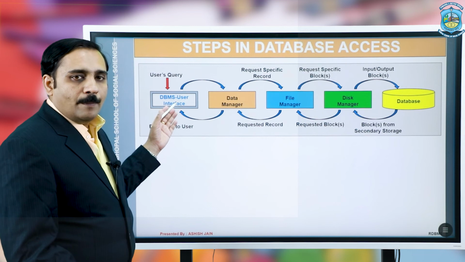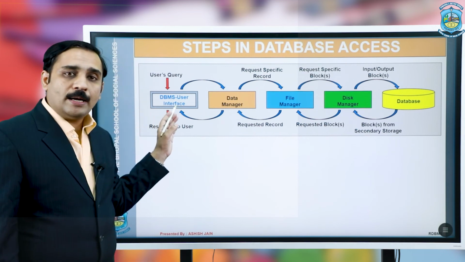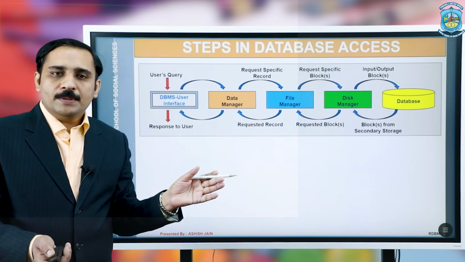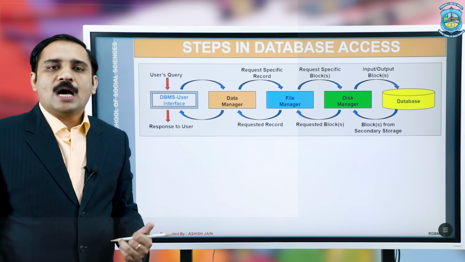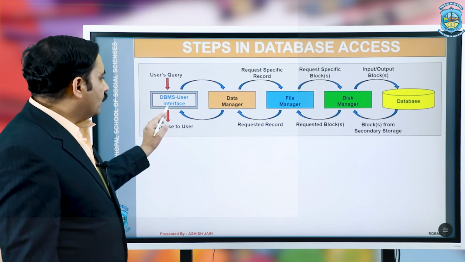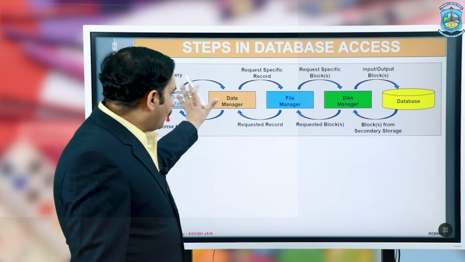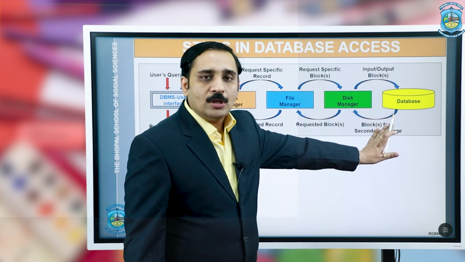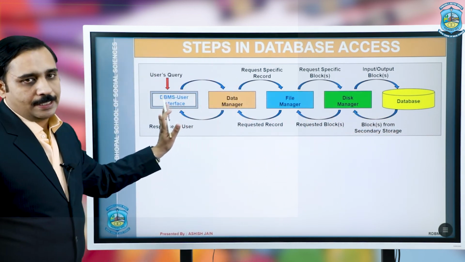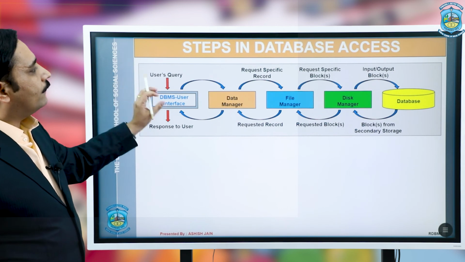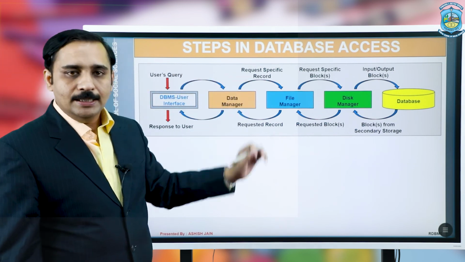We use tabular format, and sometimes we don't use tabular at all. We use a kind of graphical representation of the data, right? We want to have a graph of those students, right? So the representation is separated from the actual storage. This is why we have a layered architecture. So this is how we have different steps in accessing the database.